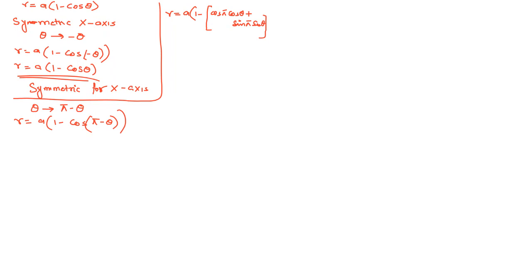Okay, so in this case you have sine of pi which is equal to 0, cosine of pi which is equal to minus 1. So that is equal to 1 minus into minus 1 cosine of theta. So if you simplify, you will get A into 1 plus cosine of theta.